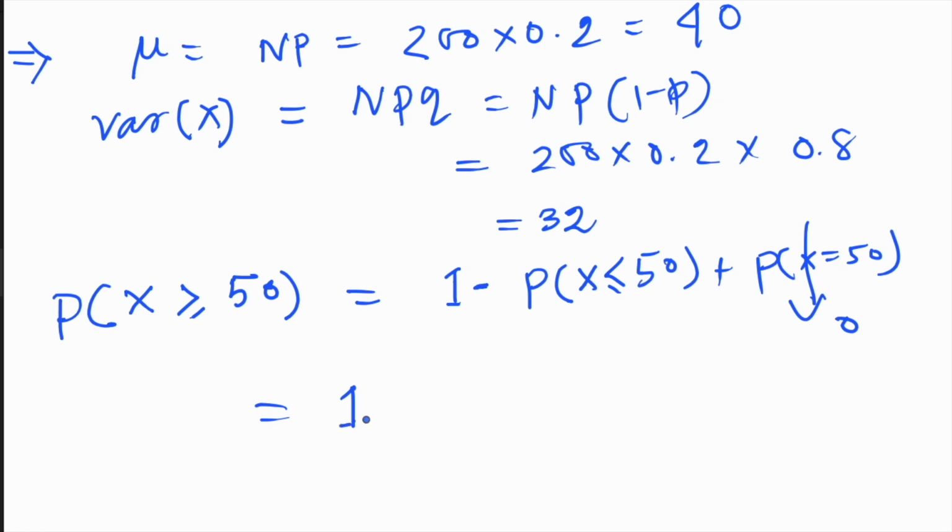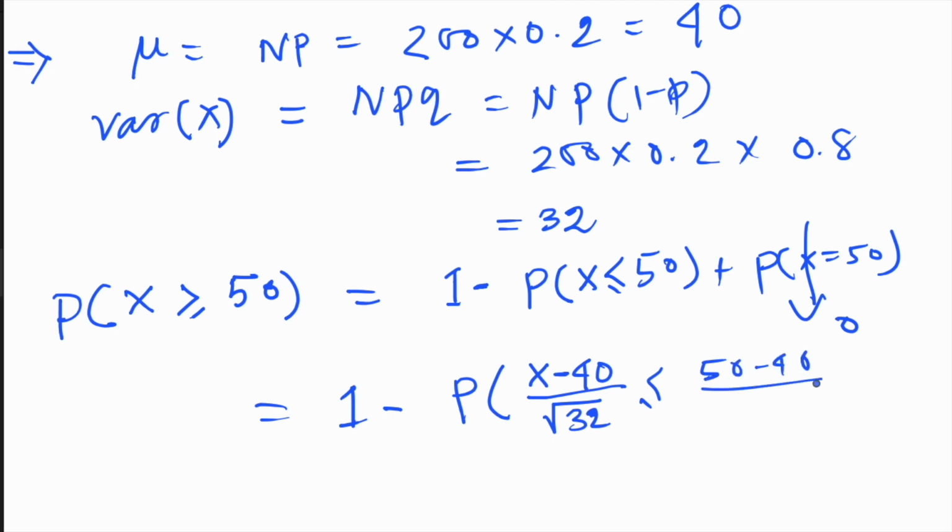So 1 minus, let's convert this variable to the standard normal distribution. So x minus 40 by root 32 less than or equal to 50 minus 40 by root 32.